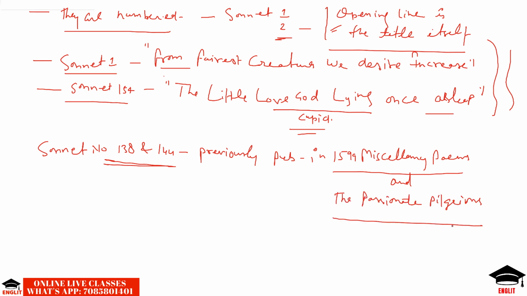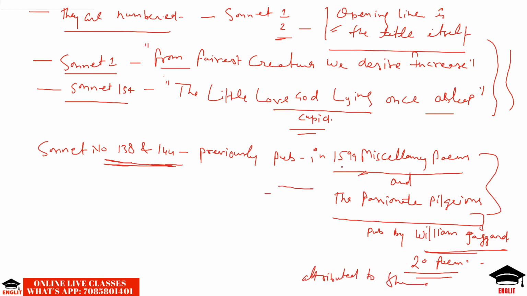The Passionate Pilgrim was published by William Jaggard. It was a collection of 20 poems attributed to Shakespeare. So in these two collections, sonnets 138 and 144 had been previously published, besides being published by Thomas Thorpe in 1609.